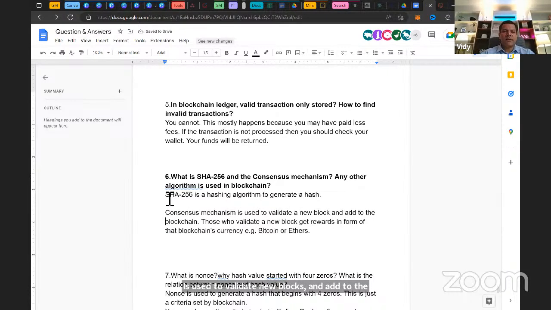the whole process that we saw today in the demo when we pressed the mine button, and all that happened in the background, was an example of consensus.